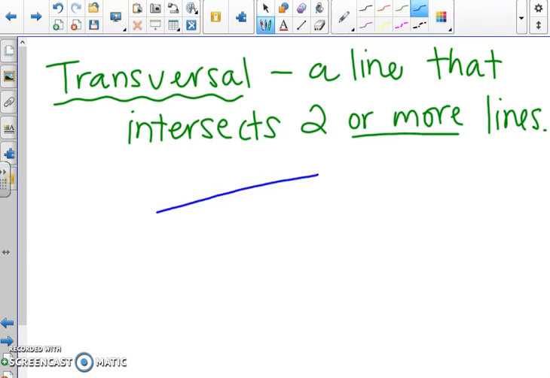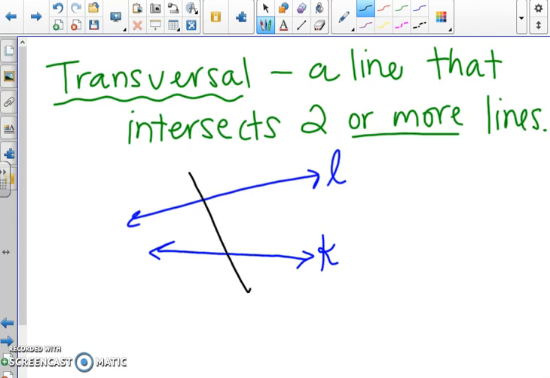So let's say we have line L here, and then we have line K. A transversal would cut through those two lines, and it doesn't have to do so in any specific way. Let's say this is line T, but it intersects those two lines at two points. So here's an example. Line T.